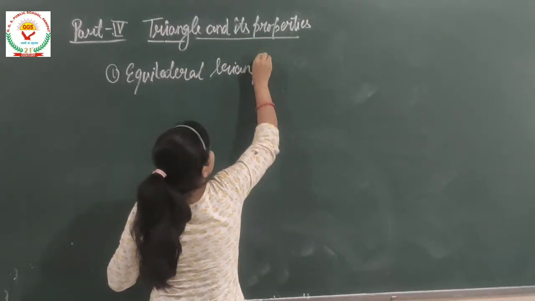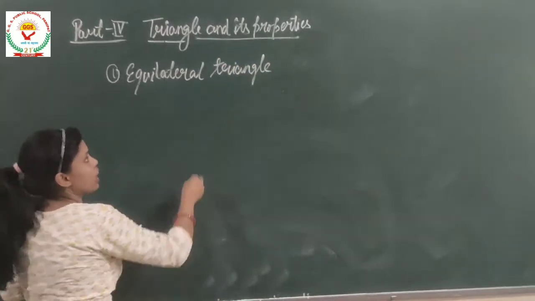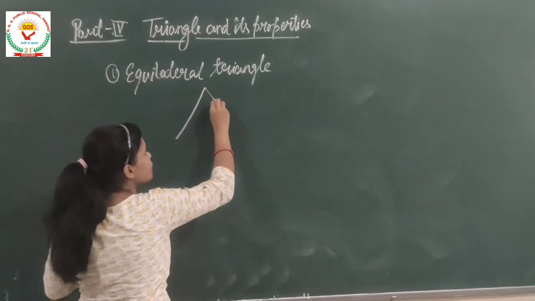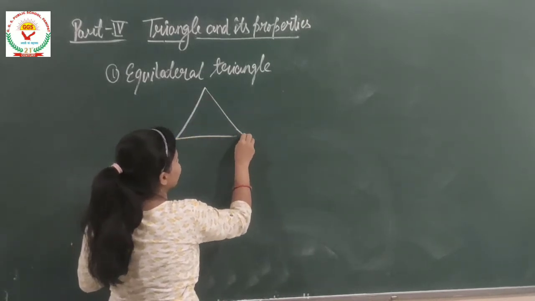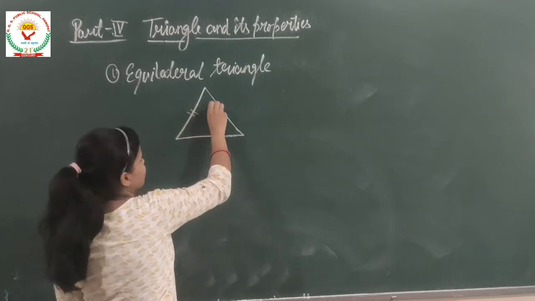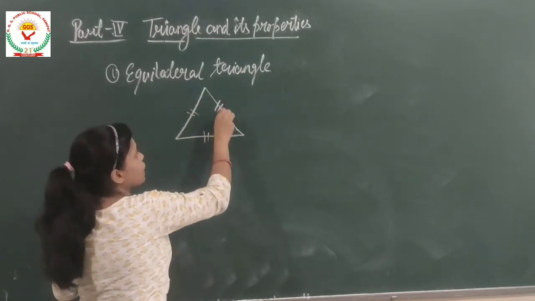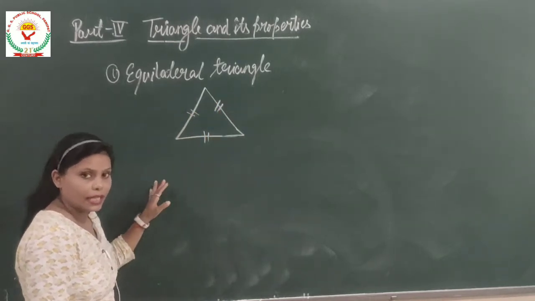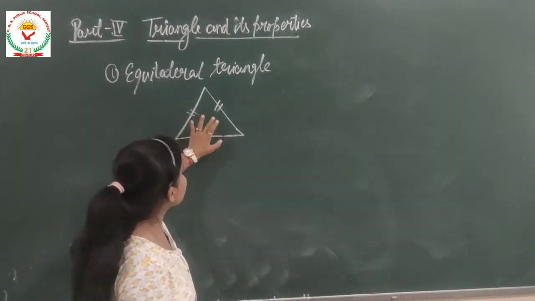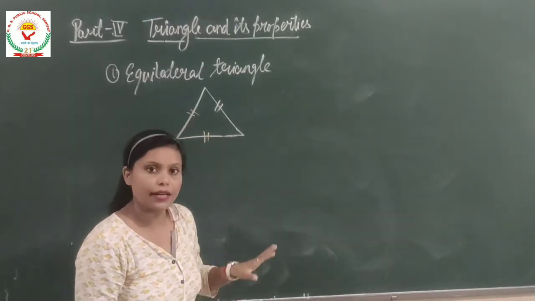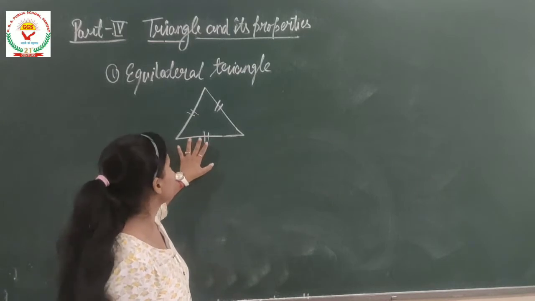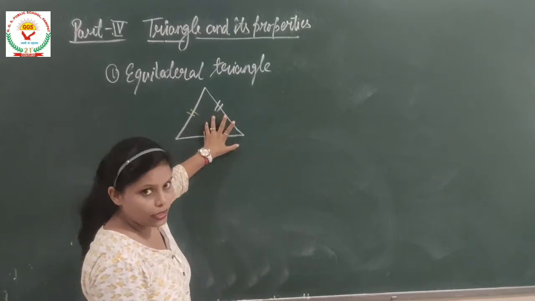Equilateral triangles are those triangles which have all three sides equal to each other. When all three sides of a triangle are equal, then the triangle is known as equilateral.